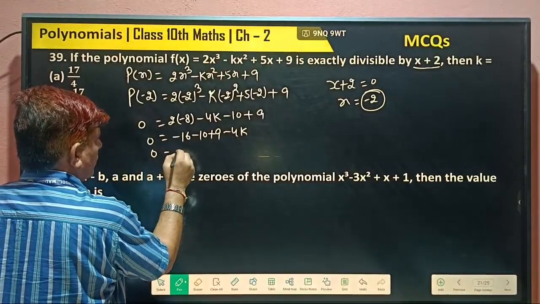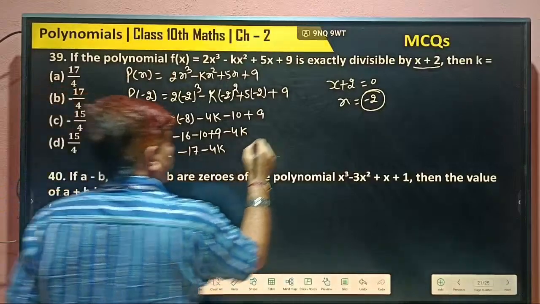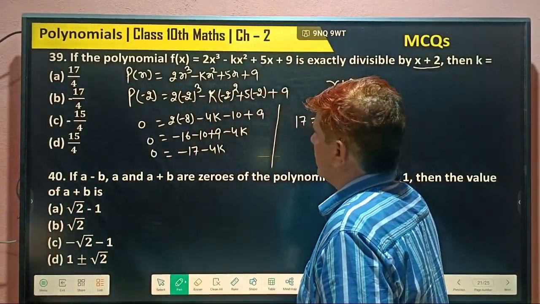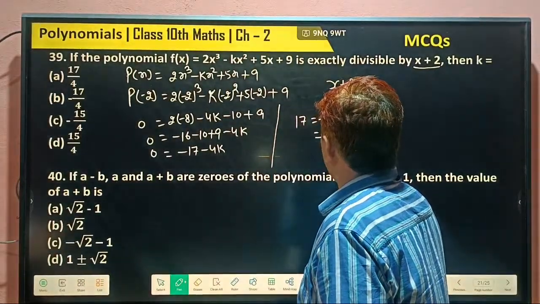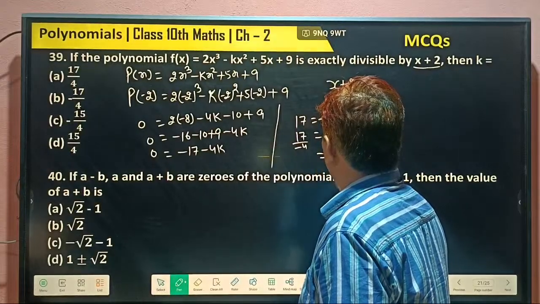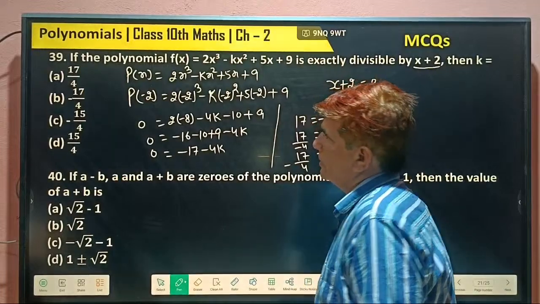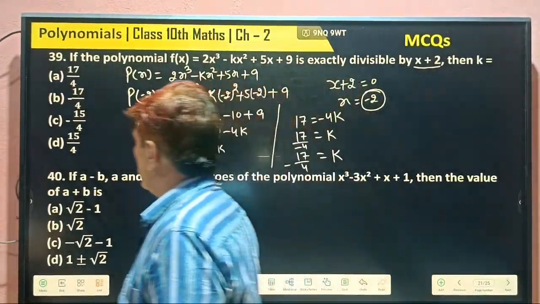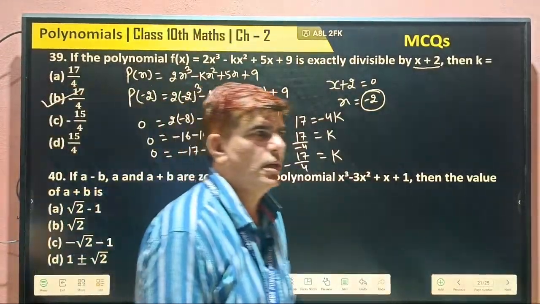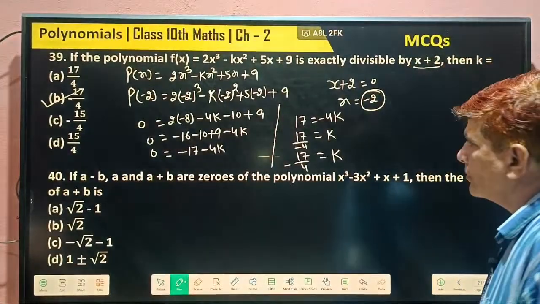So 0 equals minus 17 minus 4k. Bring that to the other side: 17 equals minus 4k. So k is equal to 17 by minus 4, which we can write as k equal to minus 17 by 4. So B is your answer. Understood or not understood? Easy one.